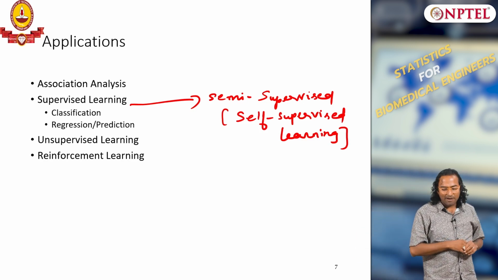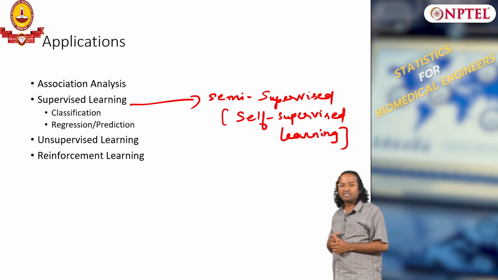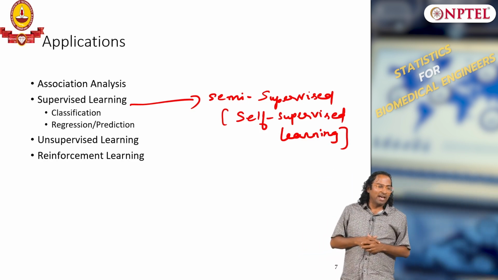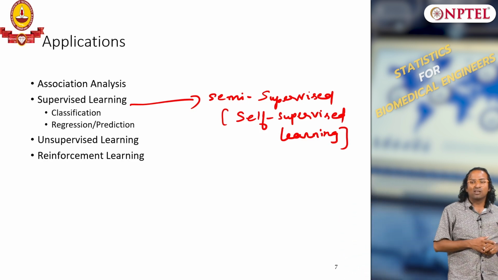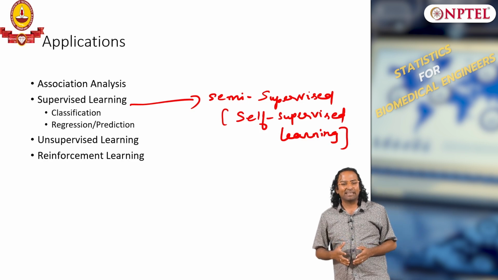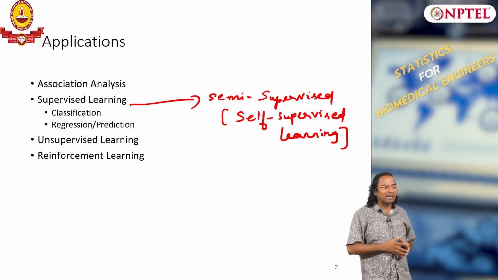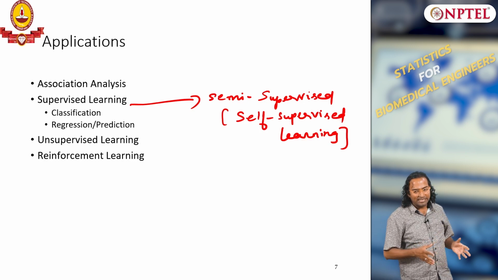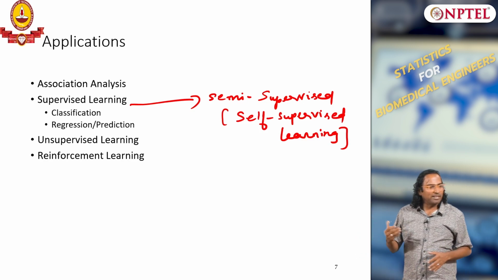Then the second broad category is what we call supervised learning, where there is a teacher who tells what is right and what is wrong and lets the model learn the right and wrong in the training data set. That is why only in supervised learning we have training and test, because in training data the teacher is instructing what is right and what is wrong.